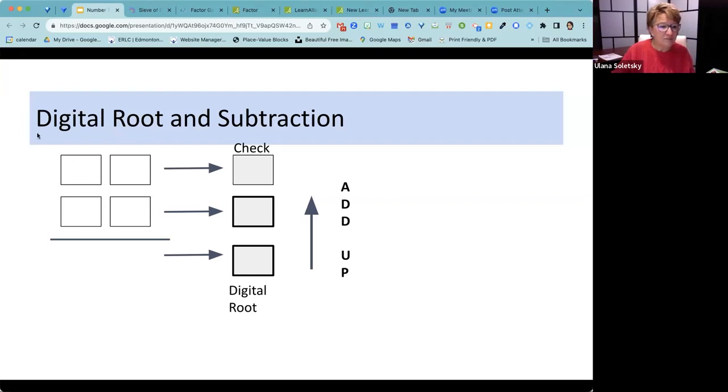Okay. This is 75. This is 50. Oh, sorry. Erase, because I gave you a different number.